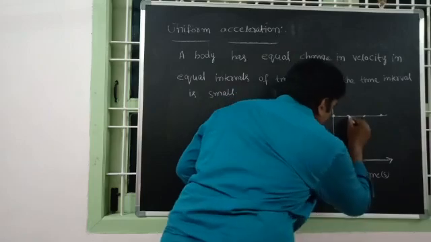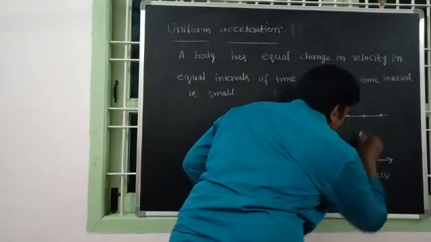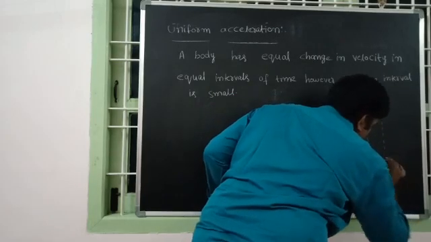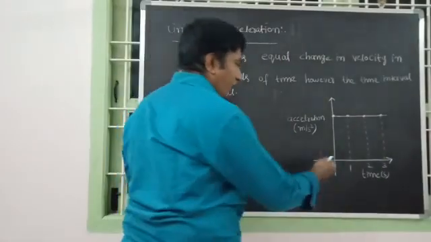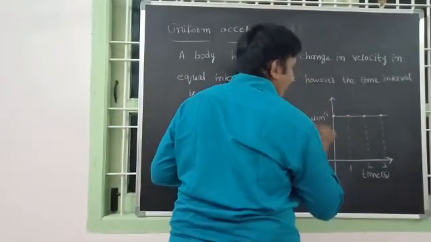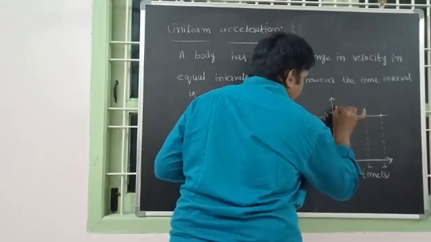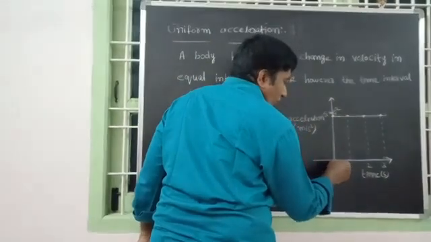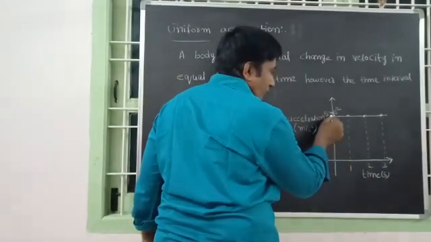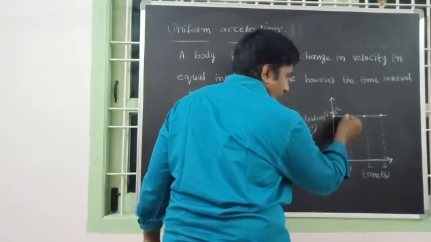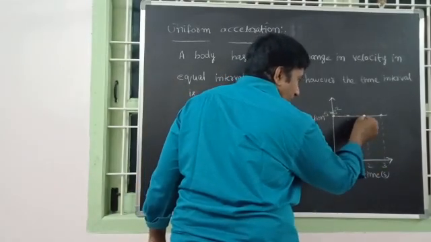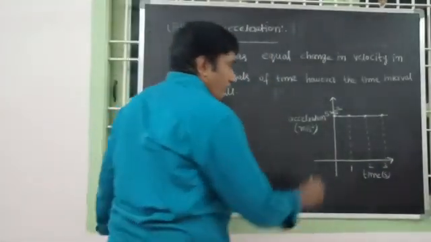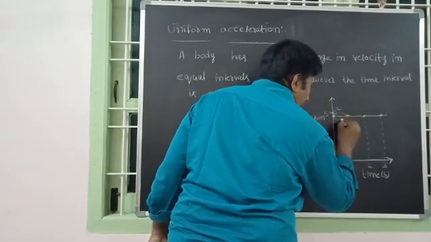For example, this is at 1 second, this is at 2 seconds, this is at 3 seconds, and here you can take a value of 5 meter per second square. So at 0 it is 5 meter per second square, at 1 second 5 meter per second square, at 2 seconds 5, at 3 seconds 5 meter per second square.